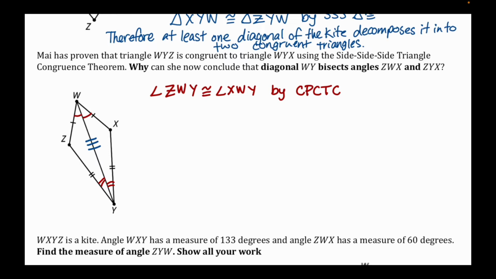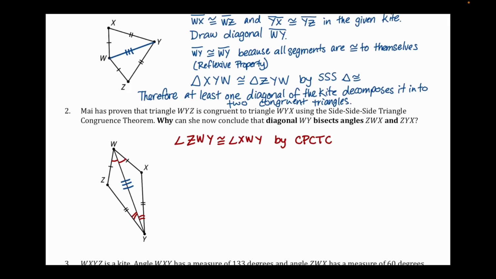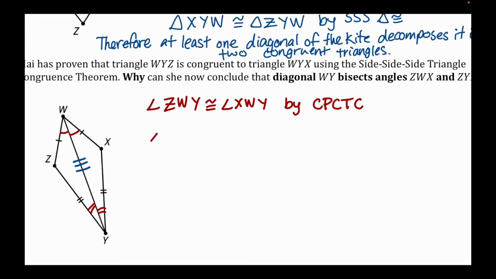So we're saying, hey, those parts correspond, so they have to be the same. We can also say that about the angles at the bottom. So angle ZYW, which is our angle at the bottom on the left, that's congruent to angle XYW, which is the angle at the bottom on the right, again by CPCTC, because those pieces correspond.